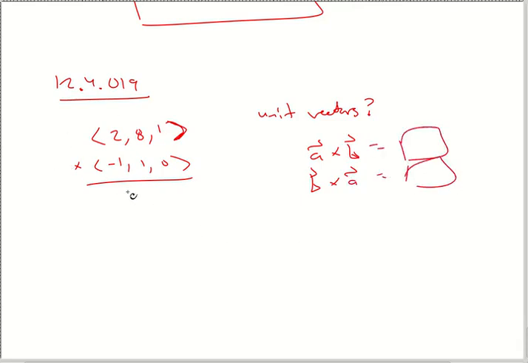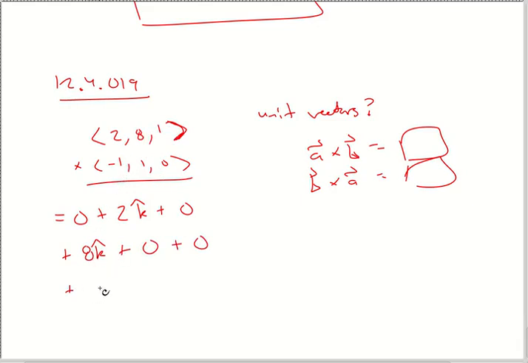So cross product, here we go. Always start with a 0. 2 times 1 is 2. That's a K component. 2 times 0 is a 0, so that doesn't matter. Negative 8 with a negative K component, 2 negatives make a positive 8 in the end. 0 in the middle. And then 8 times 0 is going to be a 0 there. 1 times negative 1 right here is going to be a negative 1.